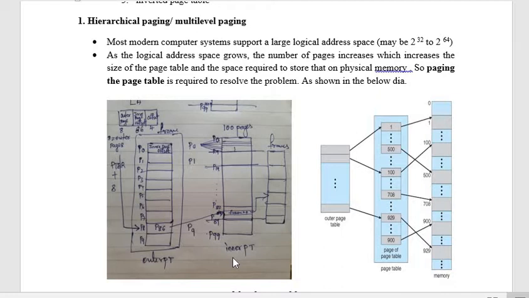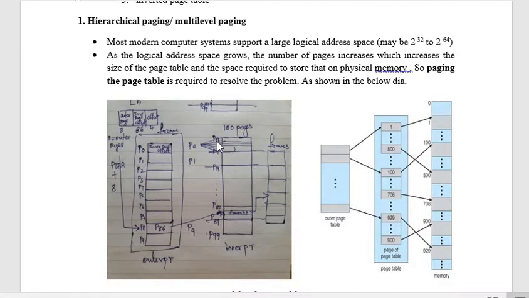Paging the page table is nothing but dividing the whole table into smaller tables with smaller entries. Take this example. Here we have a table with 100 pages. Instead of having 100 entries, I am going to divide this table into 10 smaller tables, each having 10 entries.